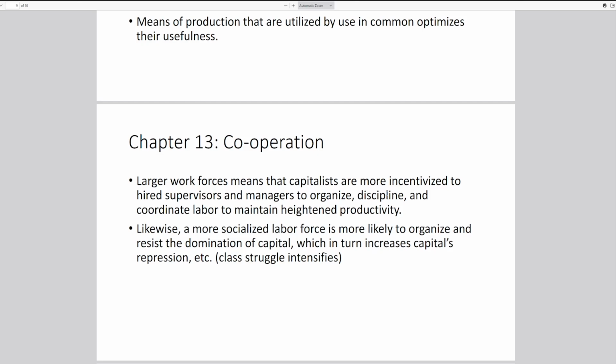Yeah, a very rigid chain of command structure is pretty much what capital has adopted as a hierarchical organization apparatus.